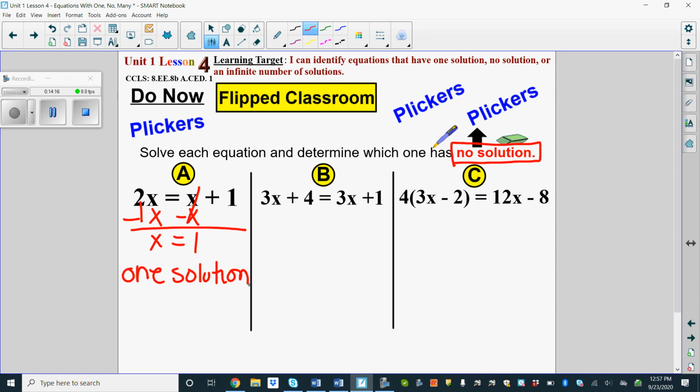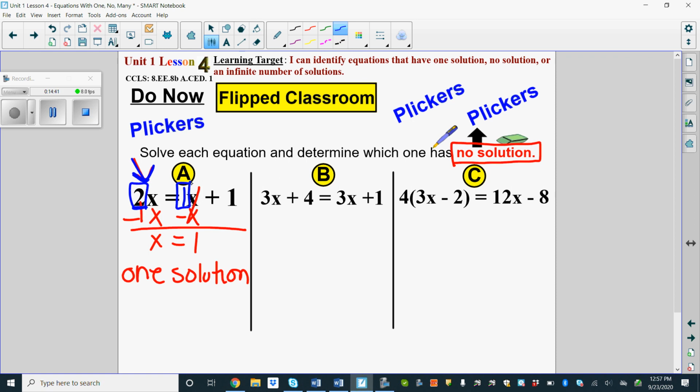Okay? And I just want you to also start to recognize some key things. When you are looking at the original equation, if you have different x values, so here this x value is a 2, here this x value is a 1. If you have different x values on each side of the equal sign, you'll know you'll have one solution.